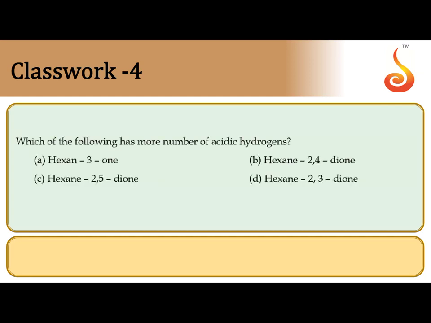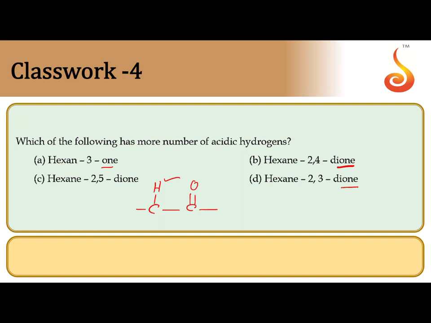Which of the following has more number of acidic hydrogens? Hydrogen which is attached to the alpha carbon with respect to an electron withdrawing group is called acidic hydrogen. So which one has more number of alpha hydrogens with respect to ketone or aldehyde?